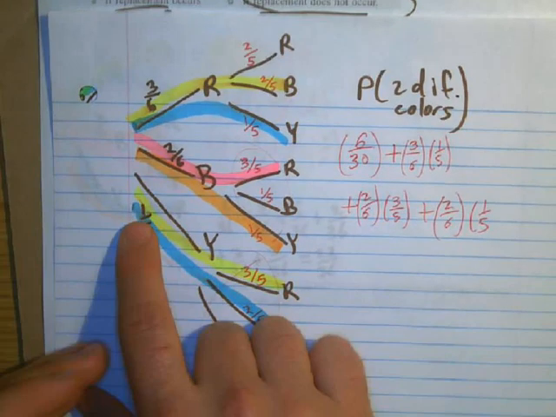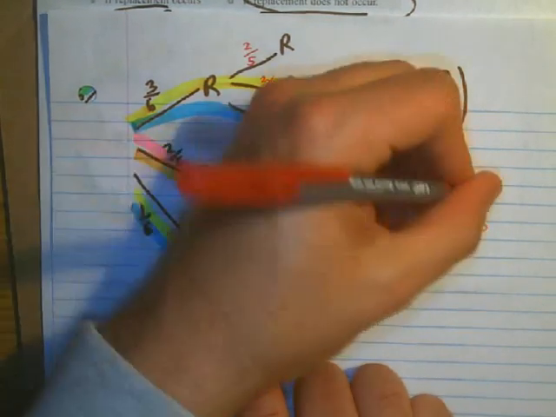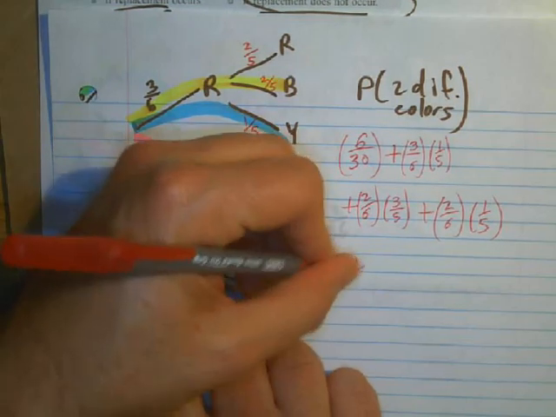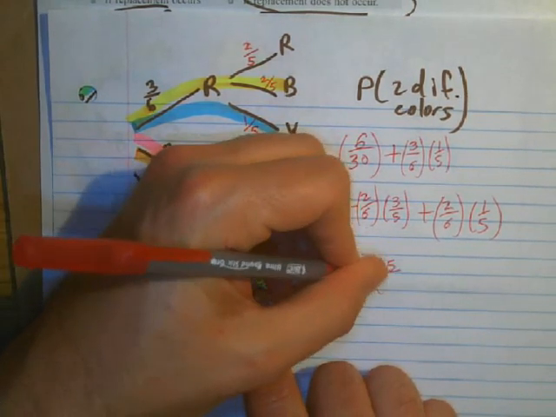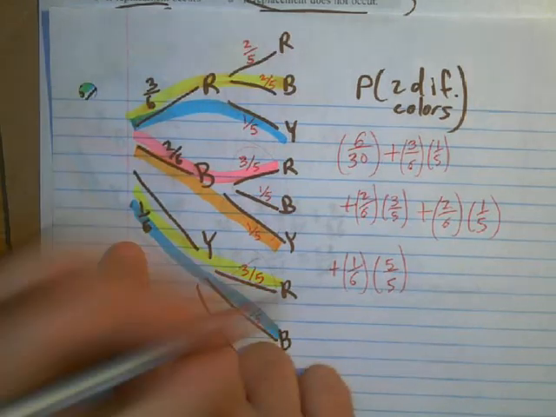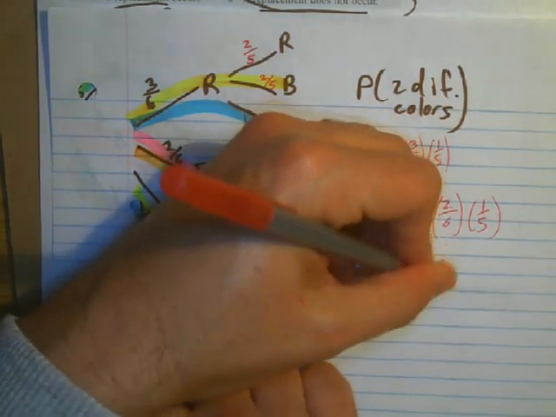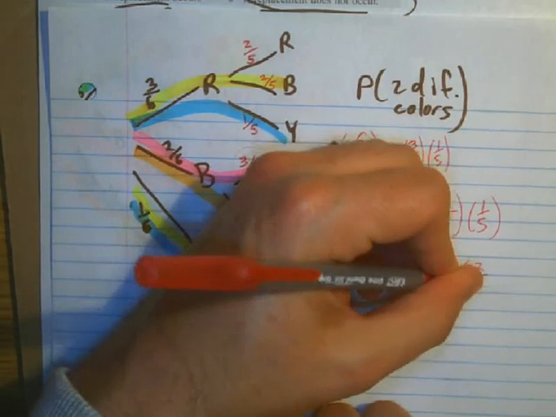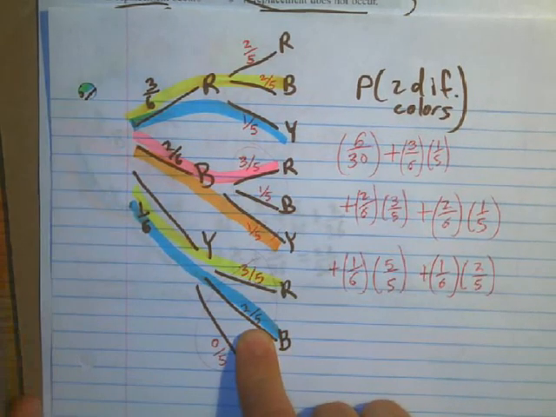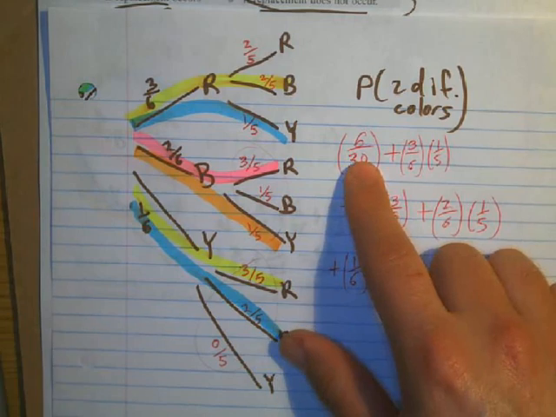Okay, the yellow path, 1/6 times 3/5. The blue path, 1/6 times 2/5.